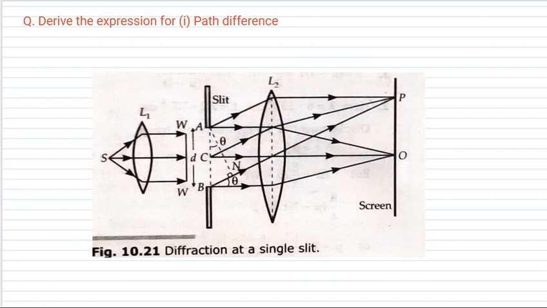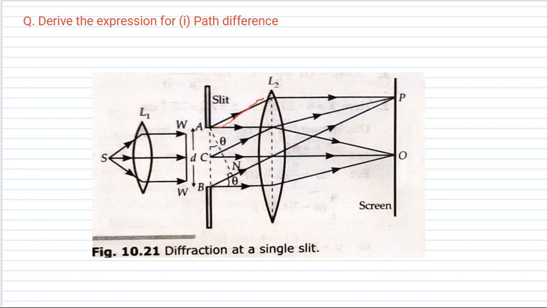Now, let us consider the other rays. These rays are diffracted at an angle theta. Can you see they are moving at an angle theta? Because these rays are diffracted at a different angle, what happens?